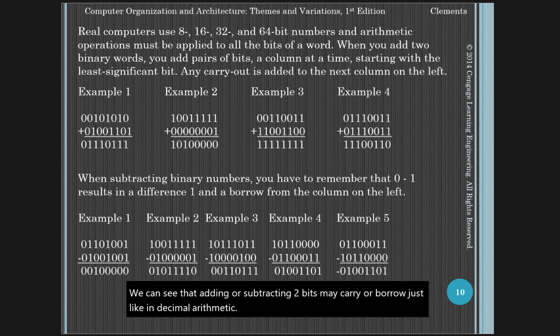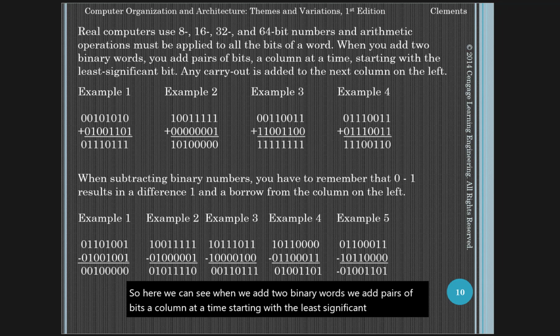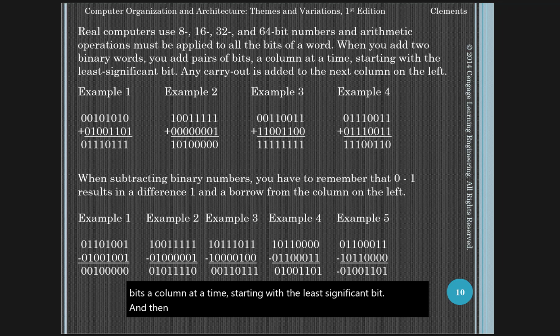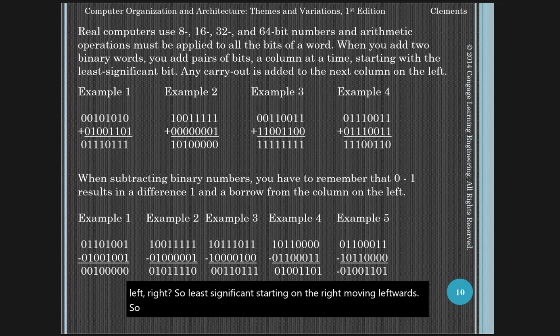So here, when we add 2 binary words, we add pairs of bits, a column at a time, starting with the least significant bit, and then any carryout has to be added to the next column on the left. So least significant starting on the right, moving leftwards. Let's take a look at these 2 examples.